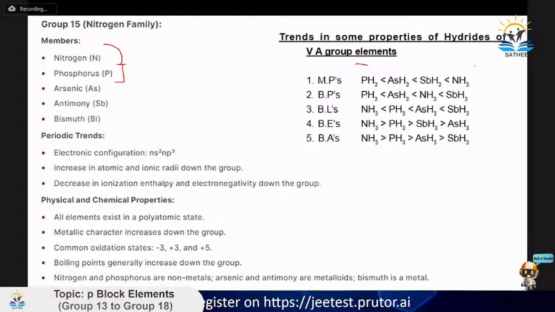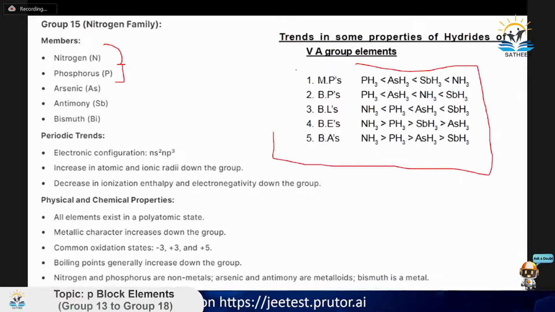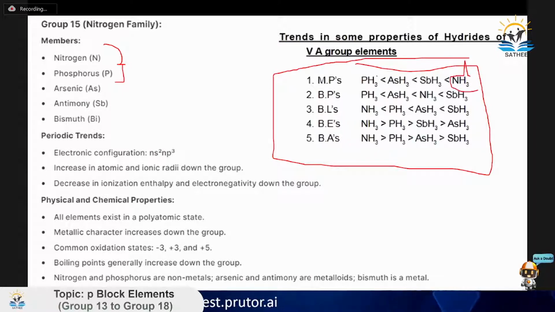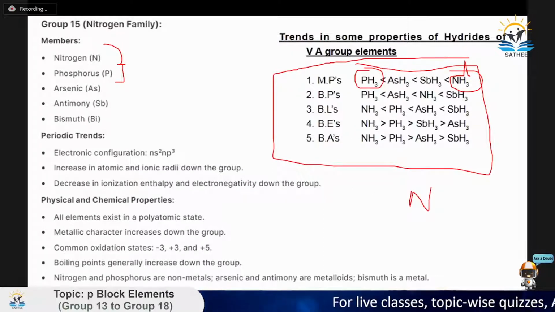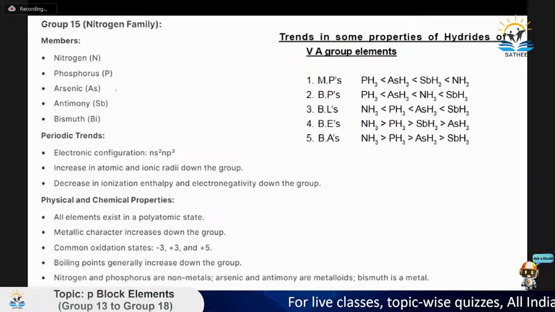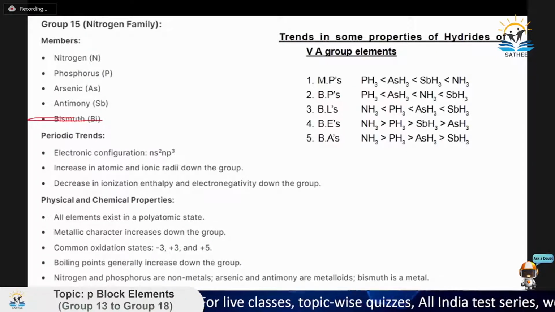And obviously, we are talking about hydrides over here because these are important hydrides, particularly ammonia and phosphine. Phosphine is PH3 and ammonia is obviously NH3, right? Now, as you go from nitrogen to phosphorus to arsenic to antimony to bismuth, firstly, bismuth does not form a hydride, so we'll cut out bismuth right now.